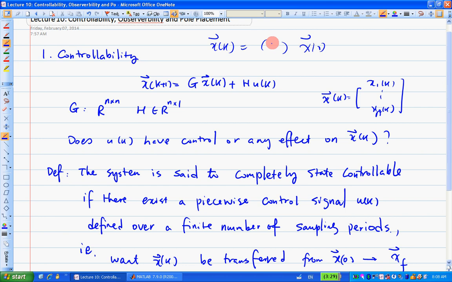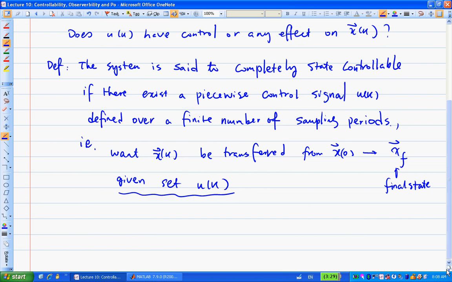In front of this there's the so-called state transition matrix. So let's write it down like this. There's one more word here: we want this to be transferred from the initial to the final state, given a set of this, in at most n sampling periods.